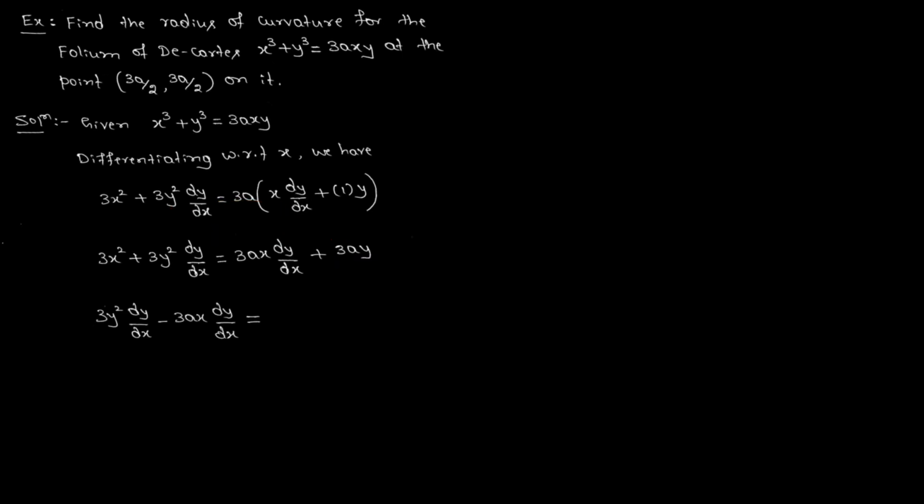Yes, we have taken this term to the LHS, so that it will be minus 3ax dy by dx. Then let us take this 3x square to the RHS. In the LHS part, dy by dx can be taken as common.